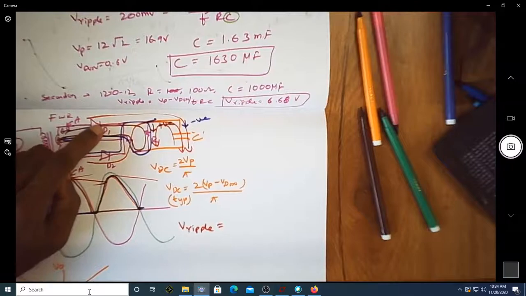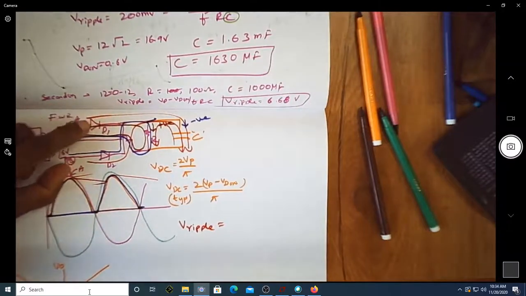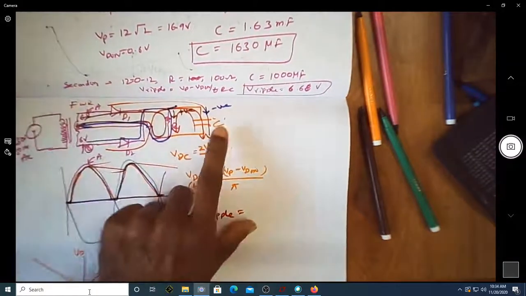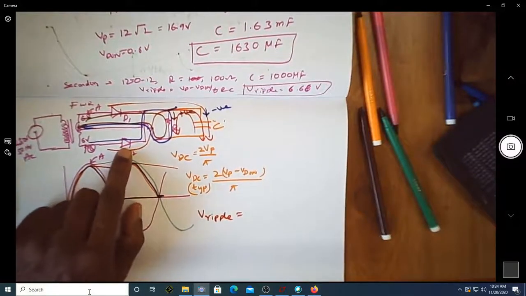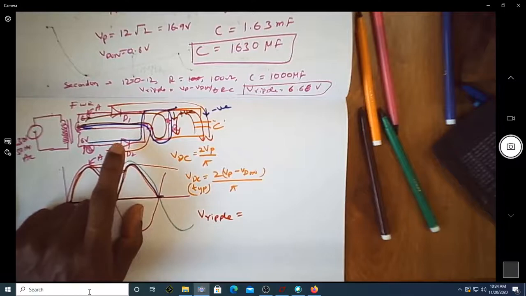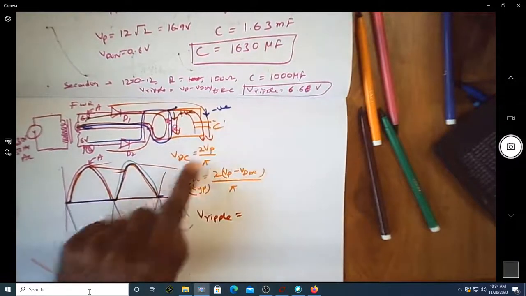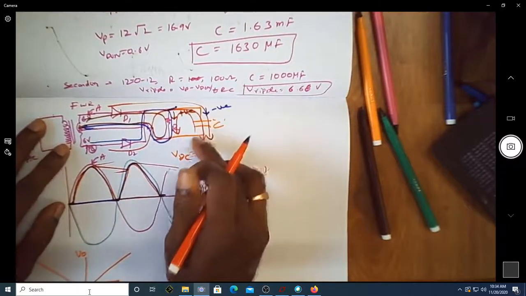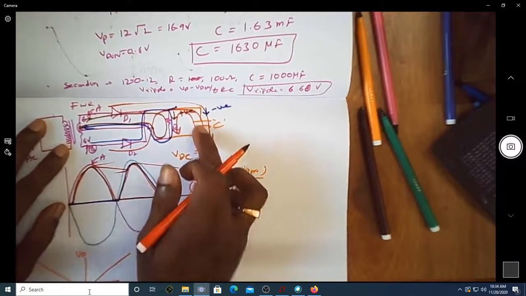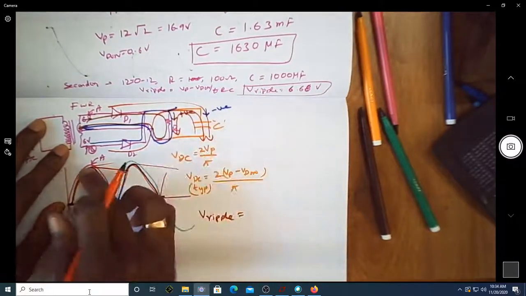If it is through D1, the resistance associated with diode D1 times C will be the time constant. If you consider D2, it will again be through the forward resistance of diode D2 and the capacitance C. While discharging, when both are off, it has to discharge through R. You can see this is the discharge path.